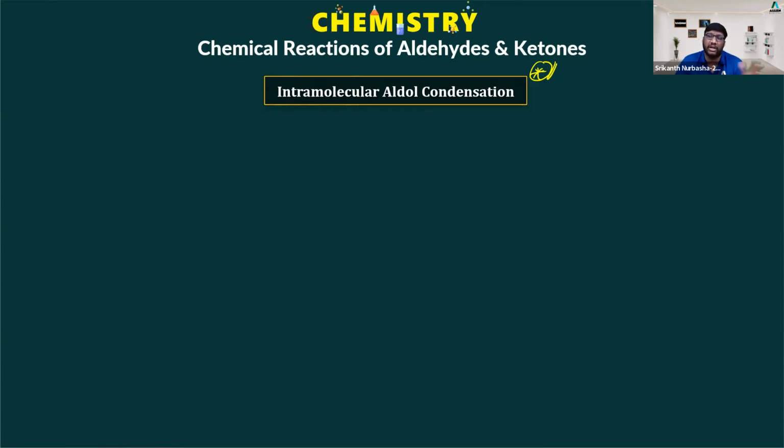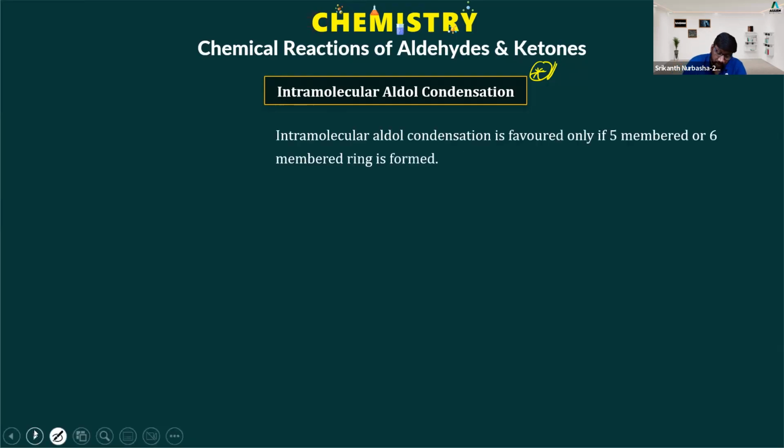Ozonolysis and intramolecular aldol are always mostly asked, because if you do ozonolysis of a cyclic ring, you get two C=O systems. The two C=O systems can undergo intramolecular aldol to form again a different cyclic compound. Intramolecular aldol will only happen whenever the cyclic rings are either 5-membered or 6-membered rings. Intramolecular aldol condensation is favored only if a 5-membered or 6-membered ring is formed.